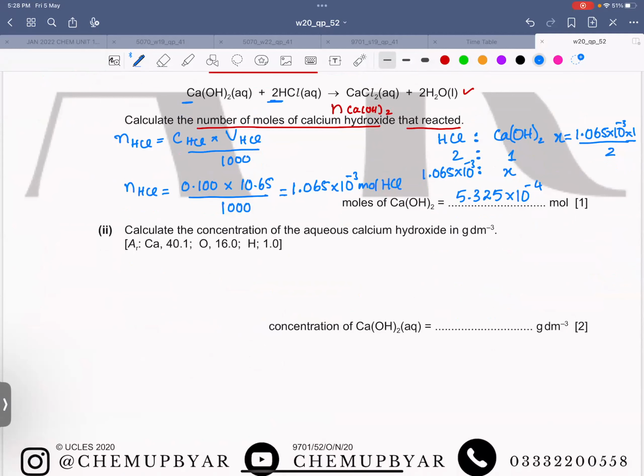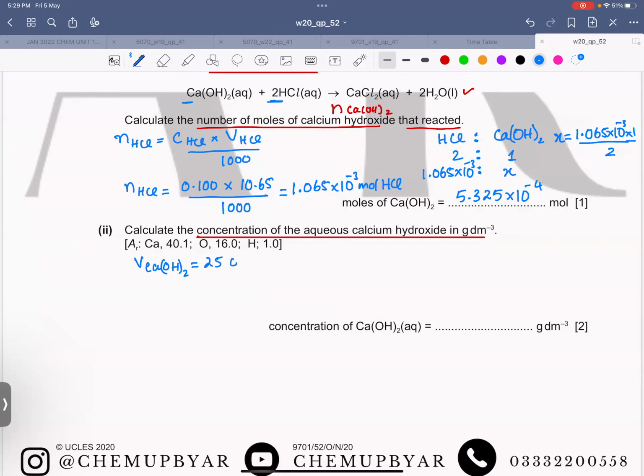with a hydrochloric acid. Now, they are asking you to calculate the concentration of aqueous calcium hydroxide in gram per centimeter cube. So what volume of calcium hydroxide we have used in the experiment in this titration? Yes, 25 cm cube. 25 centimeter cube.